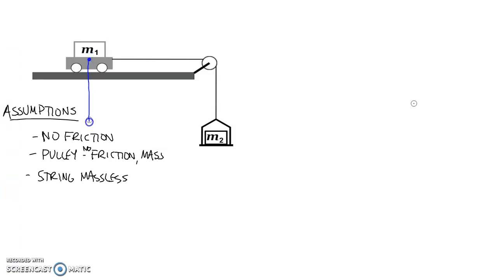So we have gravity pulling down on this object, and normal is pushing up because this cart is on the table and it's not allowing the cart to accelerate up or down, so those forces must be equal and opposite to each other. Since there's no friction, there's no force going to the left, but what causes this cart to accelerate is a tension force that pulls it to the right.